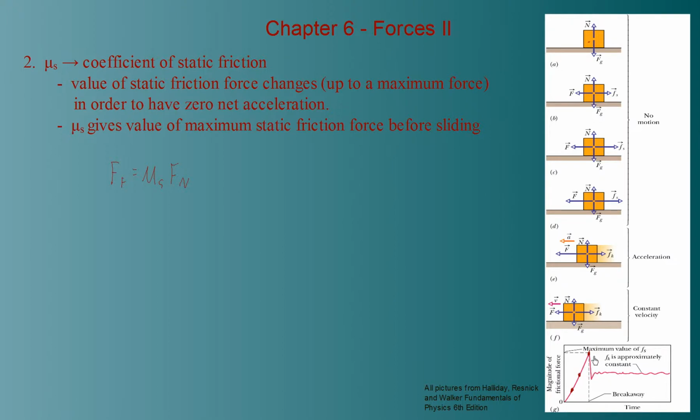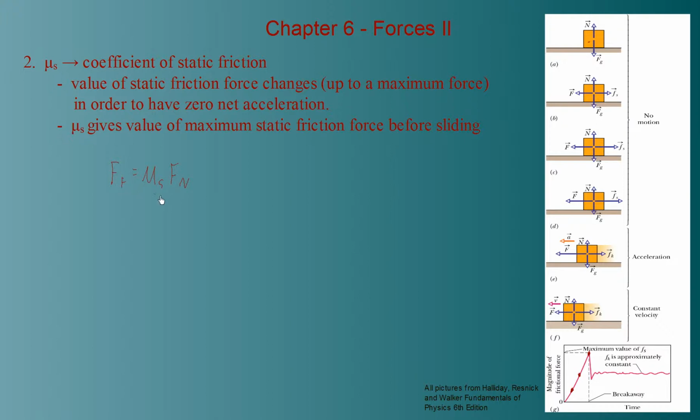It is only the maximum force of static friction you'll get before it starts to slide. That's what this mu s is, because you can see that there's always a normal force that never changes in any picture, because the weight doesn't change. So that's never going to change, so that can't make anything zero.